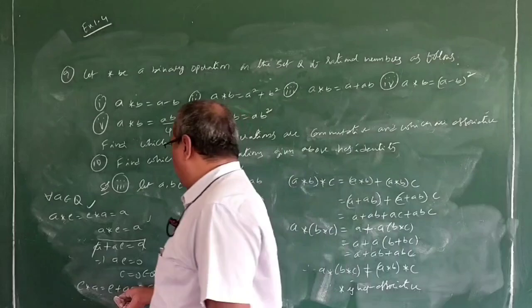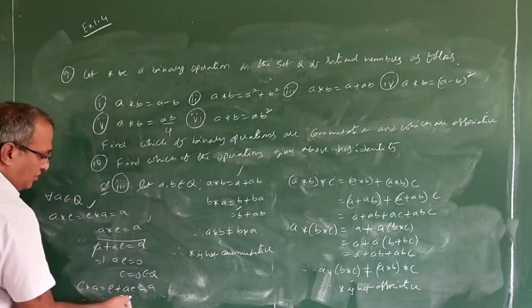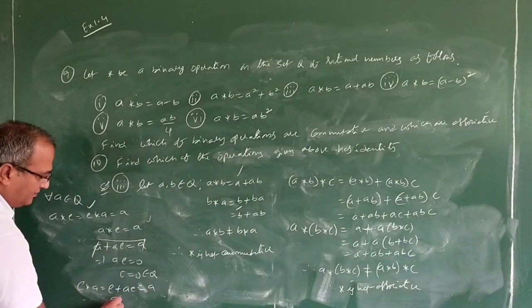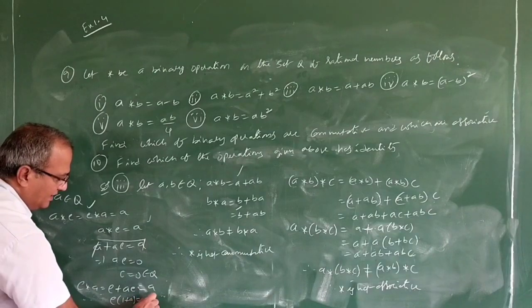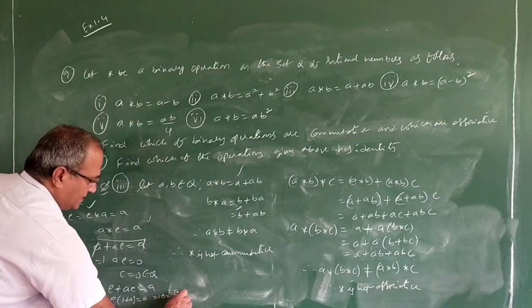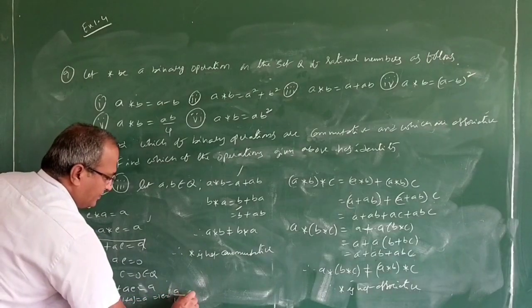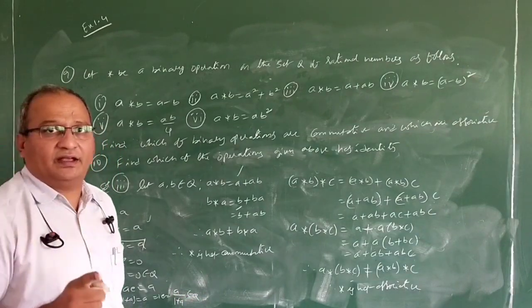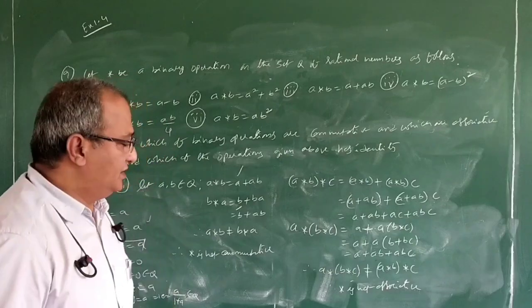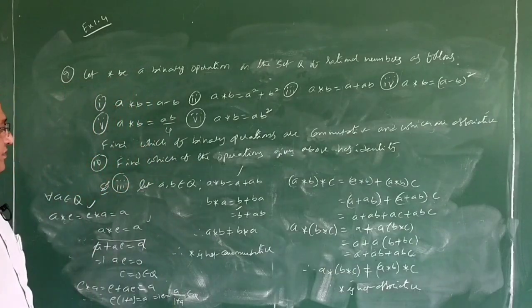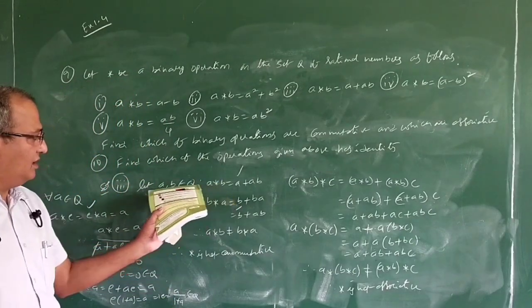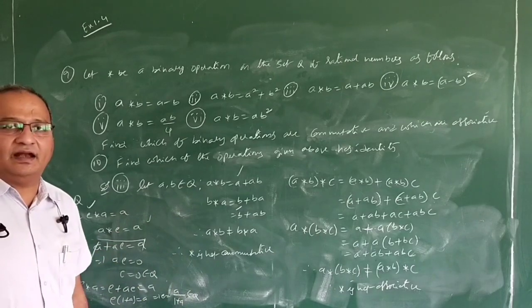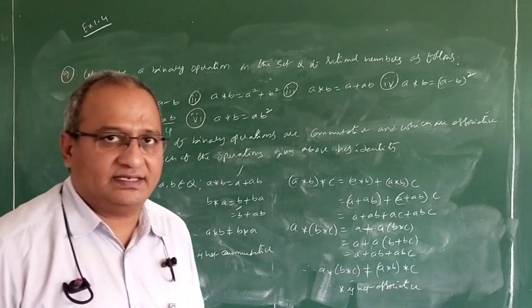E star A is now, we won't get any E. E is what here? 1 plus A by A, which is equal to A by A plus 1 plus A, which belongs to Q, but identity must be unique. Identity must be unique. So finally what we can say, with respect to this star in Q, identity element does not exist.